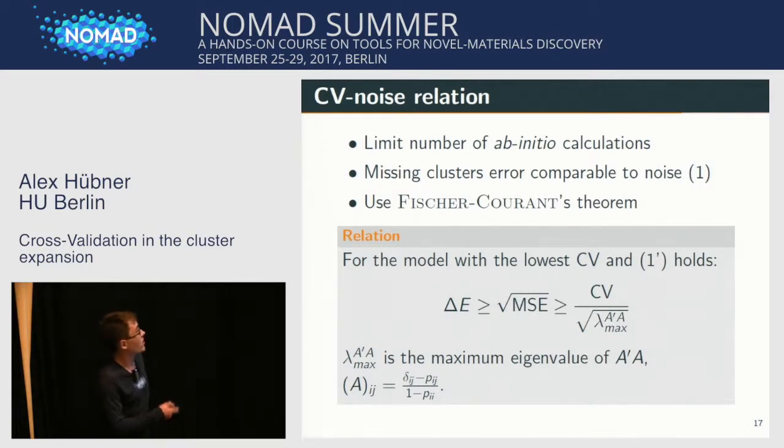Using Fisher-Cochran's theorem then leads to the following relation: for the model with the lowest CV score, the average noise level has to be bigger than or equal to the root mean square error that we find. And this is then a tool to, as I said, break off the number of ab initio calculations.